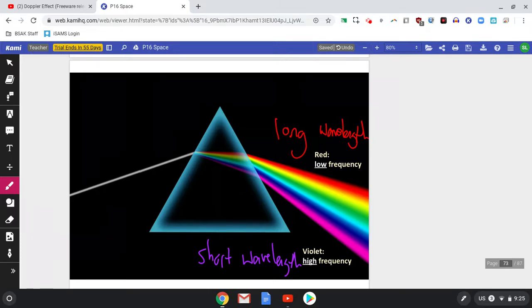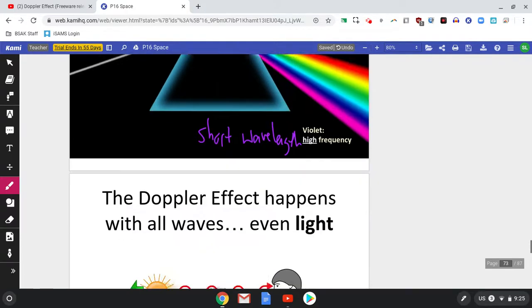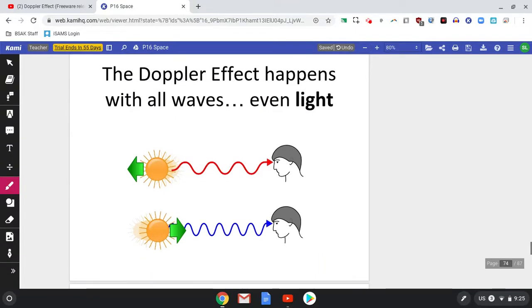But what did Hubble observe? Well, like I said, you get the Doppler effect with light just in the same way you get the Doppler effect with sound. Now, here's the important bit. If a star or a galaxy is moving away from the observer, then the light that reaches the observer will be stretched, just like the animation we saw with the bee.